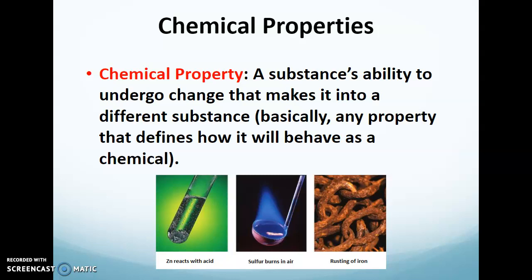So meaning burning sulfur changes it into something different, or into a different substance. Now, the rusting of iron is iron actually oxidizes in air, so that would be the chemical property of iron. So all three of these examples of zinc, sulfur, and iron are looking at the chemical property of that specific metal.